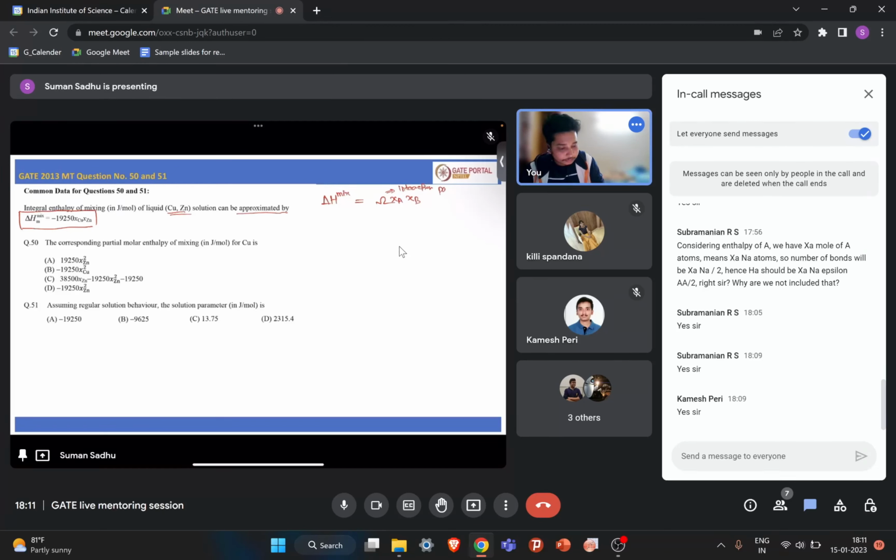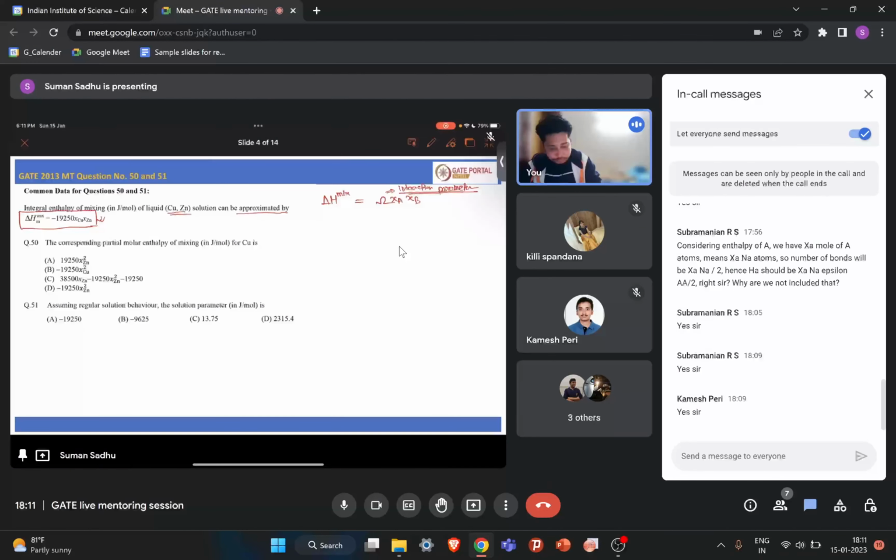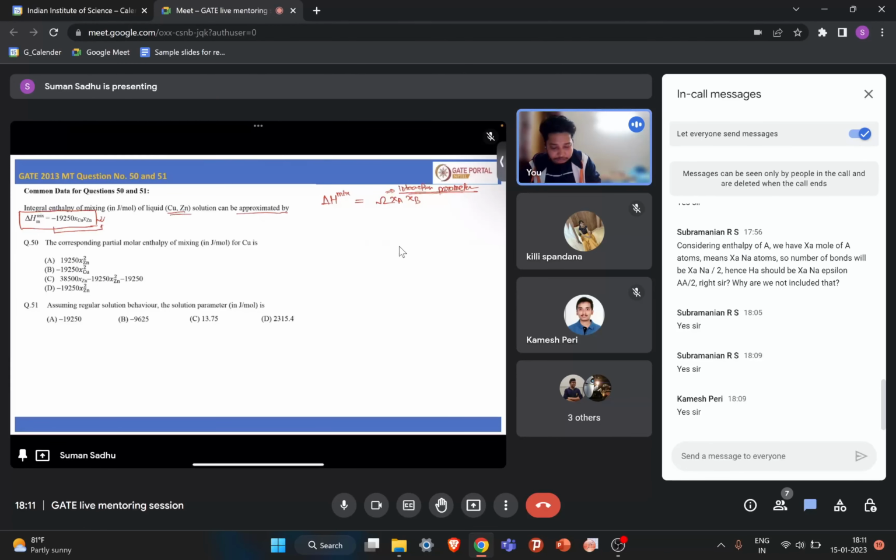Now you can see the delta H mix that is given has a similar kind of form. So easily you can find out that omega in this case is minus 19250 joule per mole. Then the first question is the corresponding partial molar enthalpy of mixing for copper.